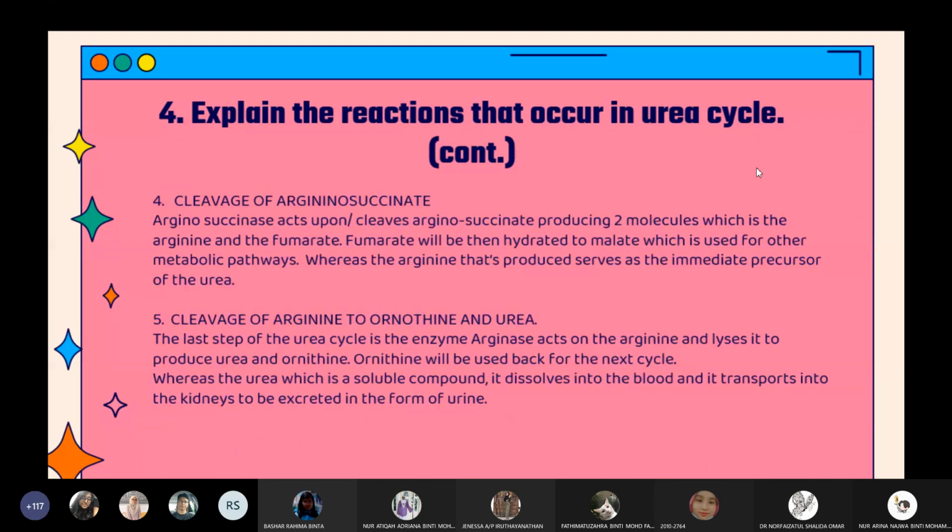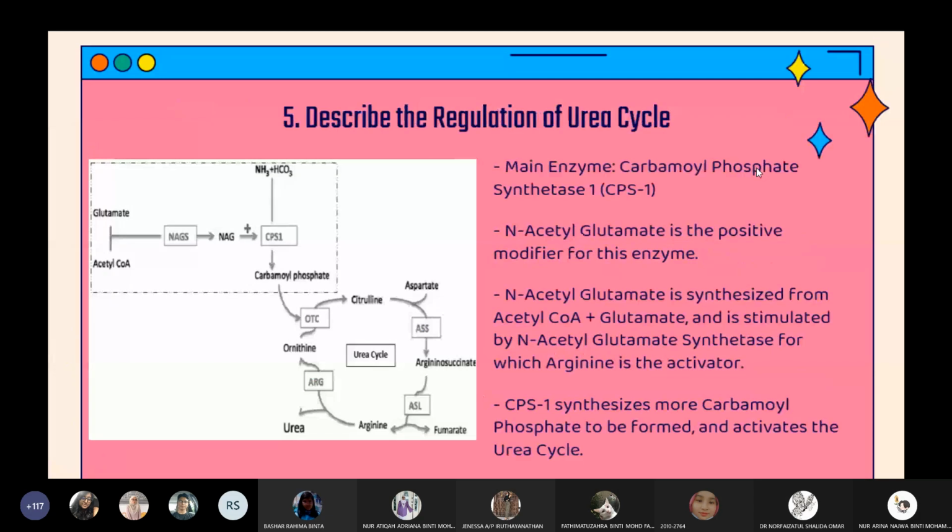I'll be explaining question 5. I just added a diagram so it'll be easier to understand. The main enzyme involved in the regulation of urea is CPS1, also known as carbamoyl phosphate synthetase 1. It is regulated by N-acetylglutamate, which is a positive modifier for this enzyme.